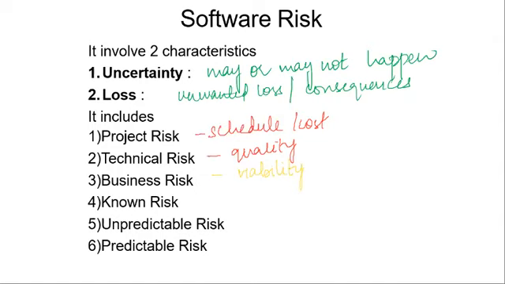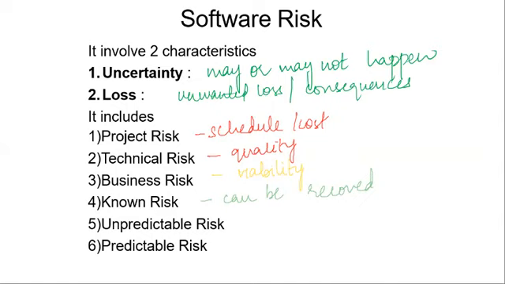Then the next risk is your known risk. Known risks are the risks from which you can recover, risks that can be recovered. Now, this recovery is not easily done. This recovery is done by careful evaluation of different criteria. Then you have the unpredictable and predictable risk.